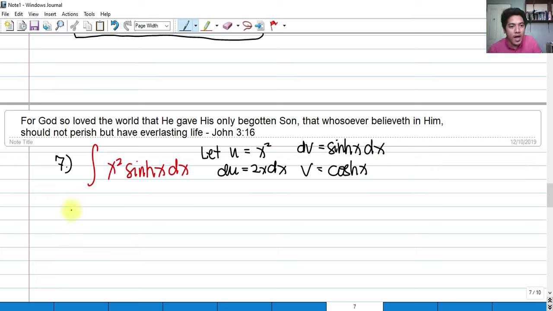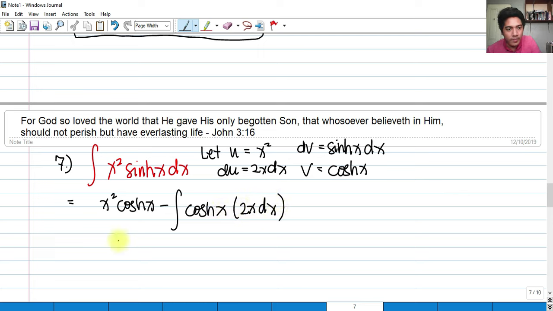Applying the formula, we have uv. Our uv is x squared hyperbolic cosine of x, minus the integral of v, hyperbolic cosine of x, times du, which is 2x dx here. If I'm going to further solve this, I can factor out 2 outside of the integral sign because that is a multiplication.